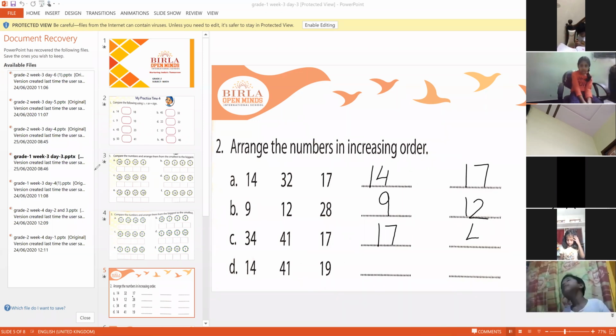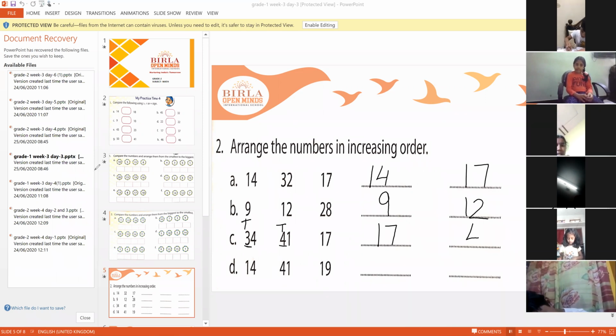After 17, what should you write? 34 or 41? See the number in tens place, Tanaswiri. In 34, we have 3 in tens place, and in 41, we have 4 in tens place. Tanaswiri, tell me which is bigger, 3 or 4? So we will write here 34, and the last one is 41. Okay, Tanaswiri.